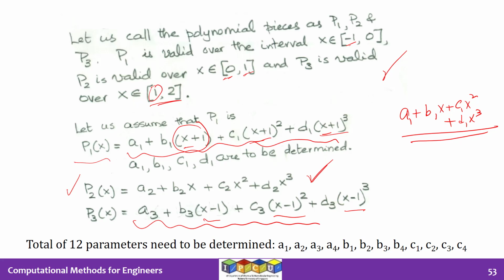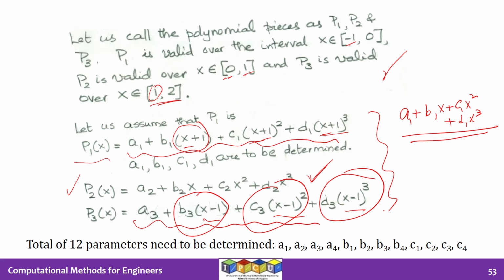So if you put x equal to 1, this term will be 0, this term will be 0, this term will be 0, leaving you with a3 equal to P3 at x equal to 1, and a3 will be equal to f at x equal to 1. So readily a3 can be found out. So that is the reason why it is assumed to be of these particular forms. In any case, you can count a total of 12 parameters that are to be determined.